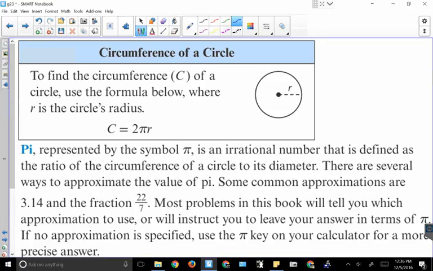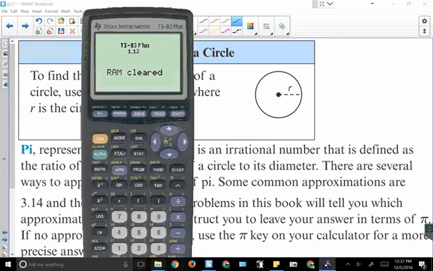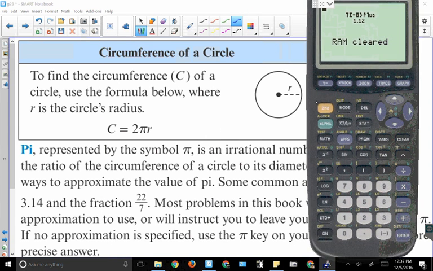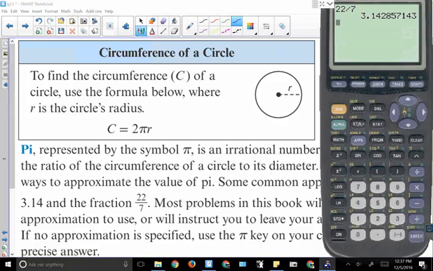Now, they give us a couple of options. They say you use 3.14 or 22 divided by 7. Just for the sake of argument, I'll show you this. If I take my calculator and take 22 and divide it by 7, we get 3.1428.